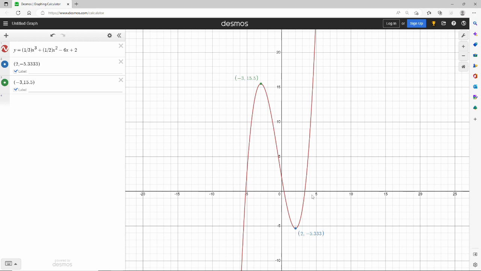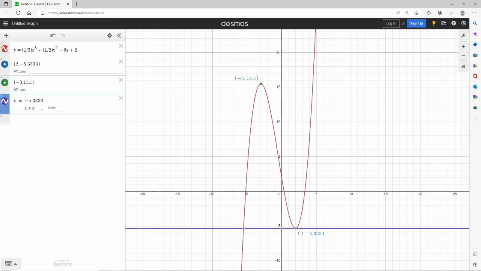And as you can see, these are the local maximum and minimum points on the curve. These are the points where the slope is exactly 0, and we can prove that by simply writing in y equals minus 5.333.